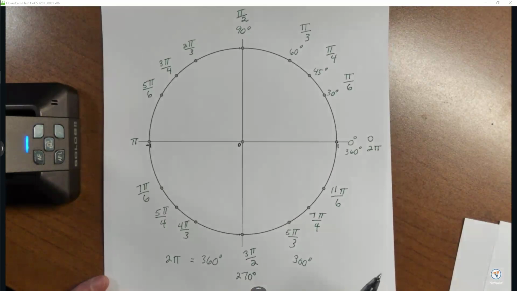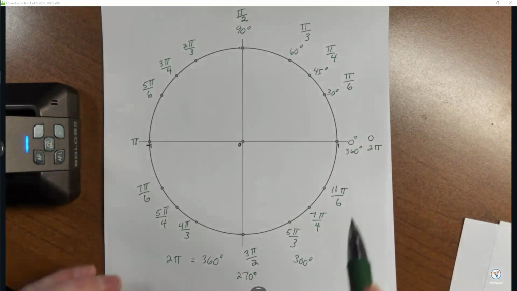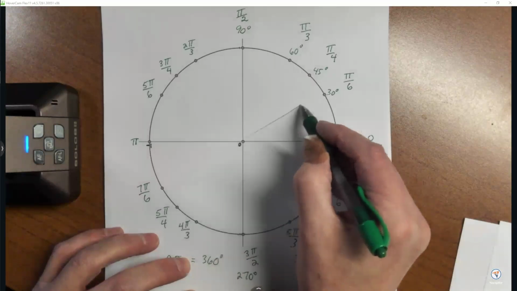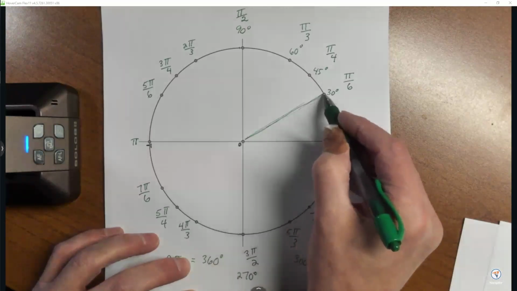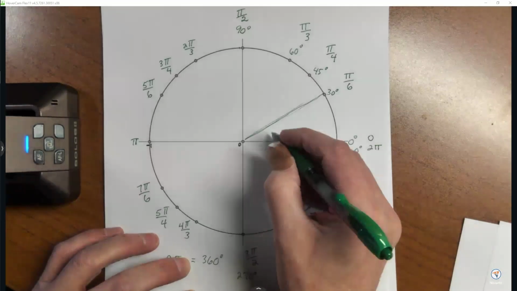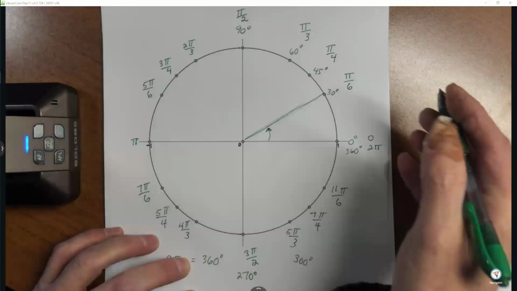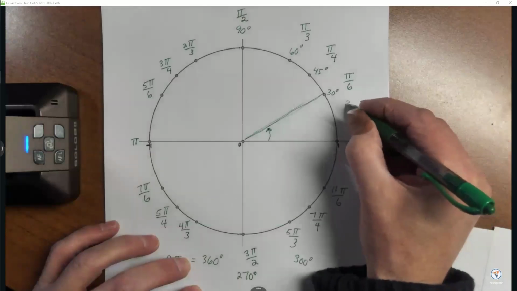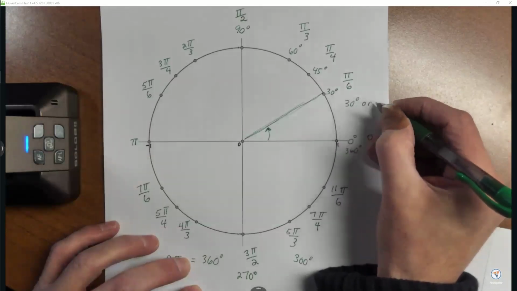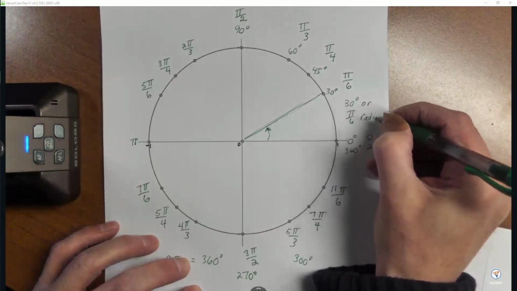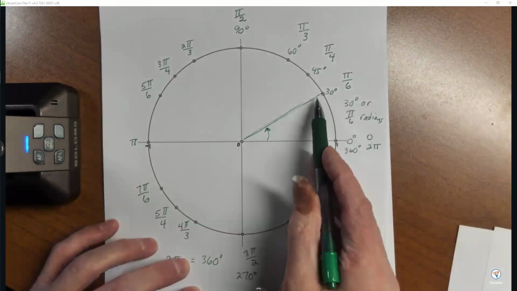Okay, so that's in essence how I want to start thinking about radian measure. And again, this angle here can be thought of in 2 ways: as a 30-degree angle or pi over 6 radians. Okay.